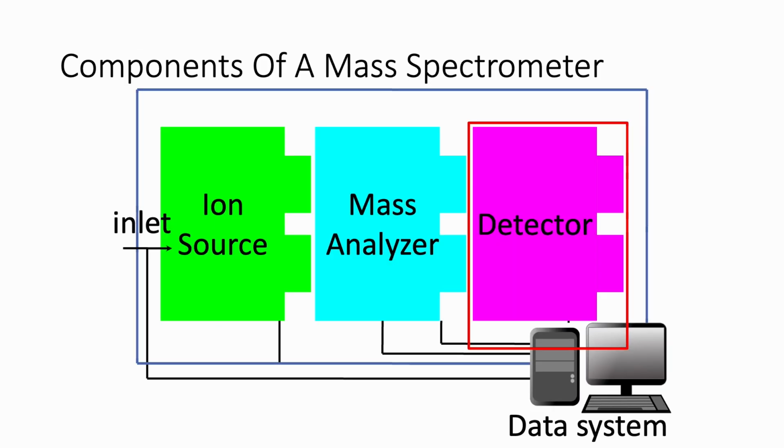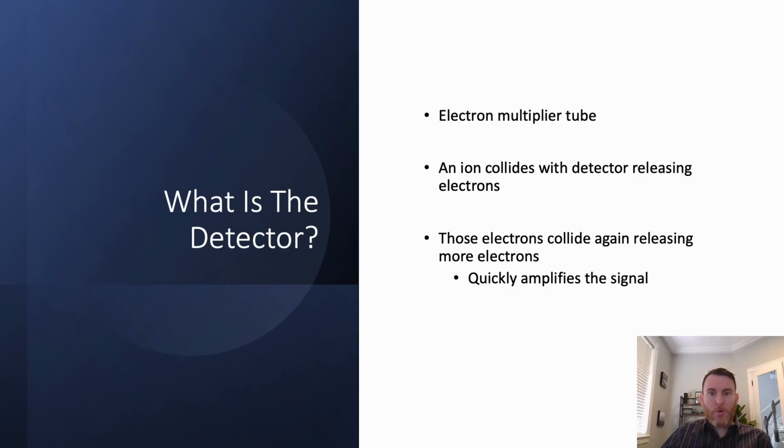So what's the detector then going to do for you? In this case, detectors are usually electron multiplier tubes. In essence, when an ion that was able to get through, so was able to be filtered, gets to your detector, it collides with the detector itself, and that releases a shower of electrons.